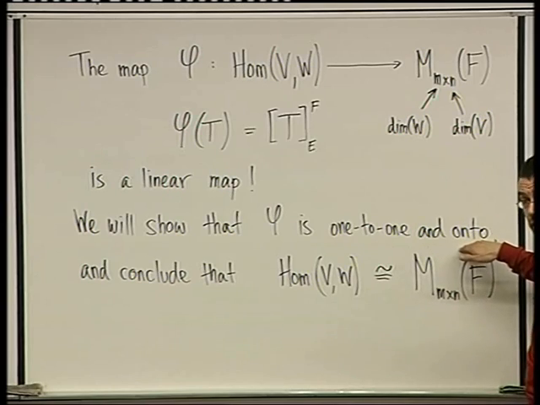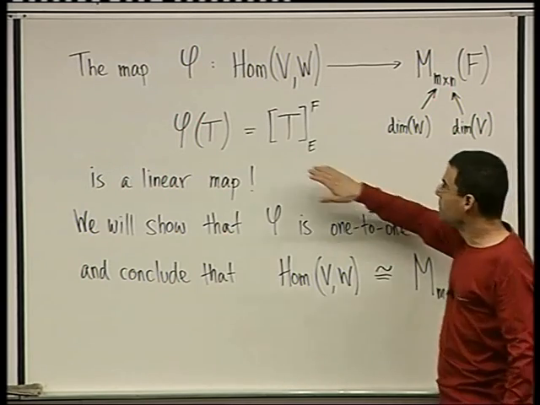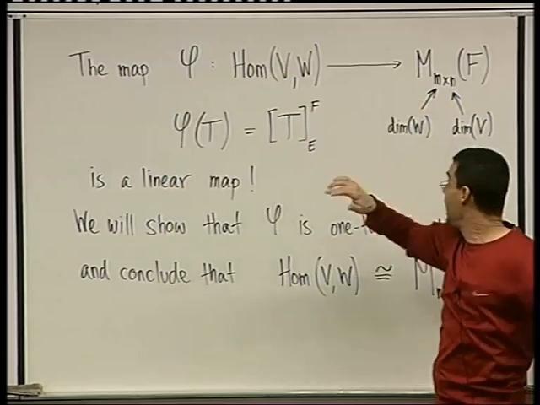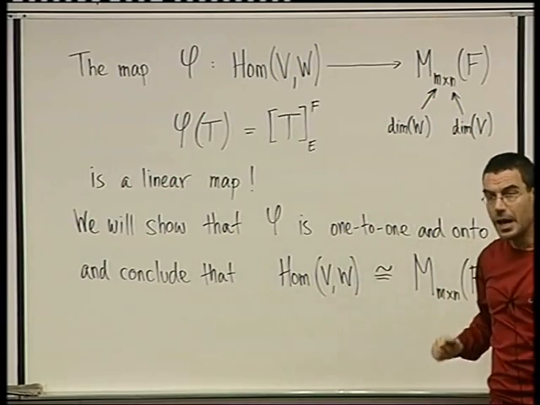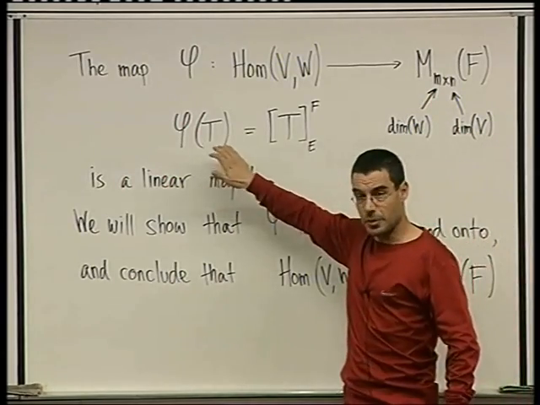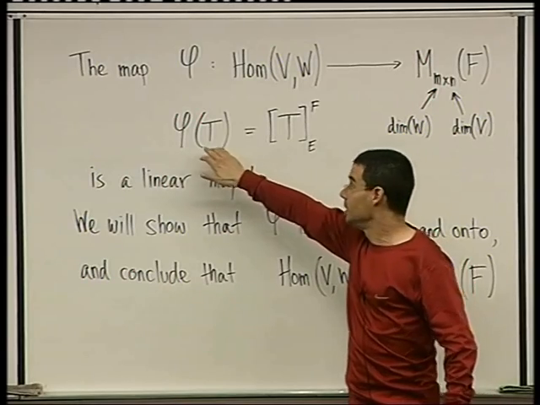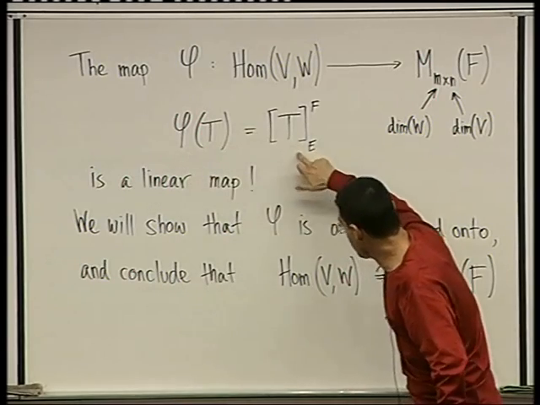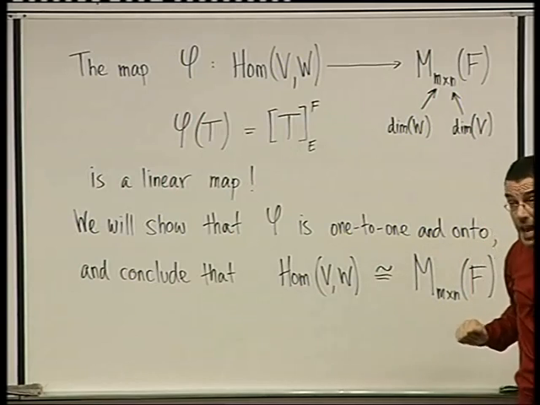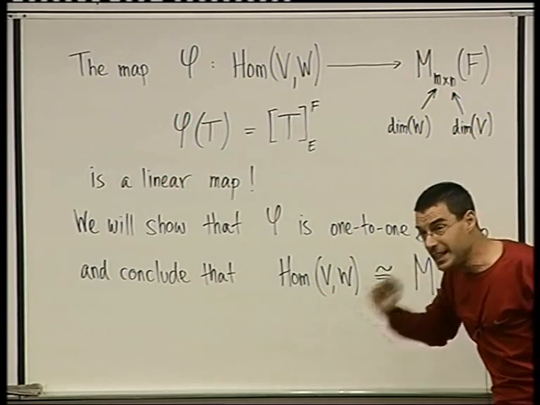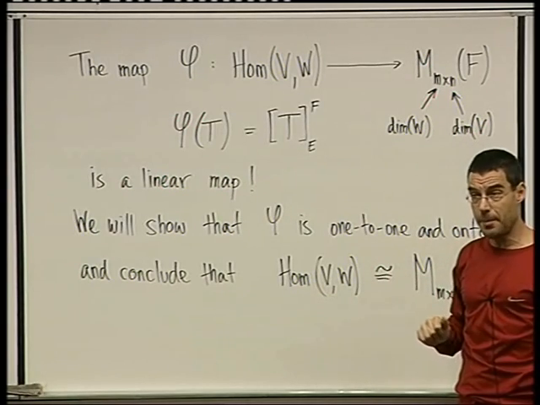Proving that it's onto is this: suppose you start with any m by n matrix A. Can you find a linear transformation such that its representing matrix is that given A? That is again something we did, at least in an example.